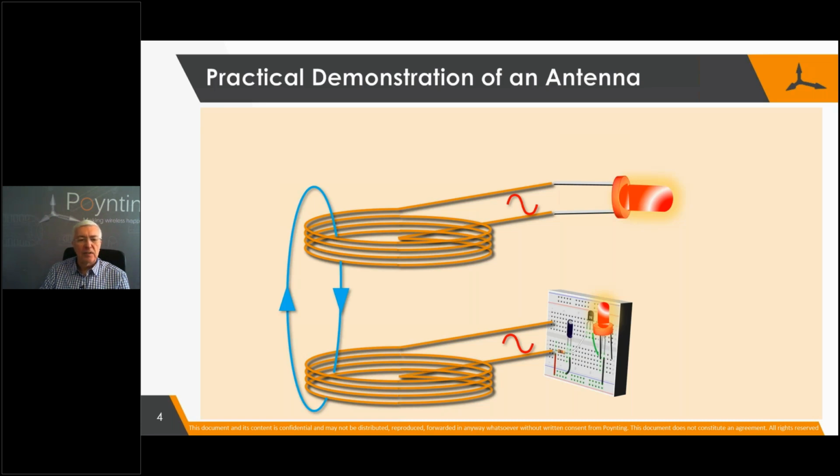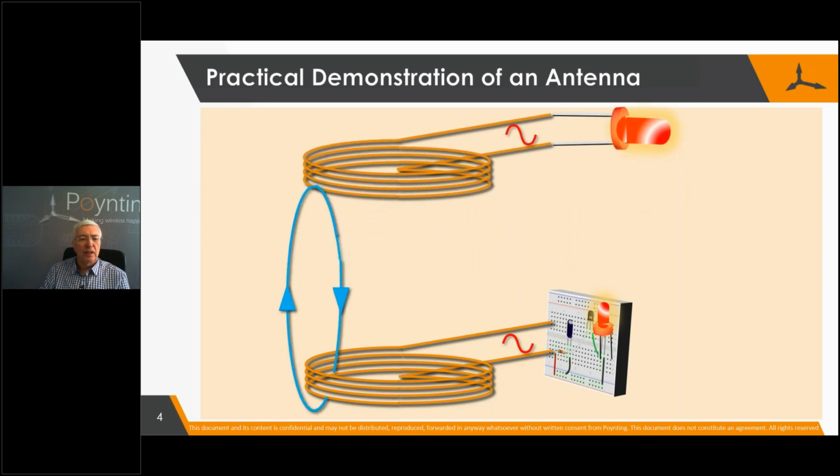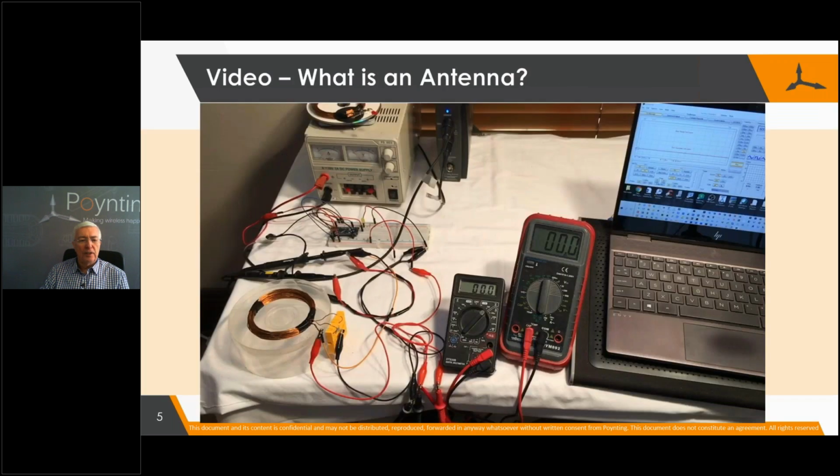And in a demonstration like this, you will see how, for instance, if we move the antenna away, the LED which shows the current that's being induced will switch off, so to speak, showing that no induction is happening. So without further ado, this is my little RF lab, and I'm going to play a video for you, and I'll summarize afterwards.